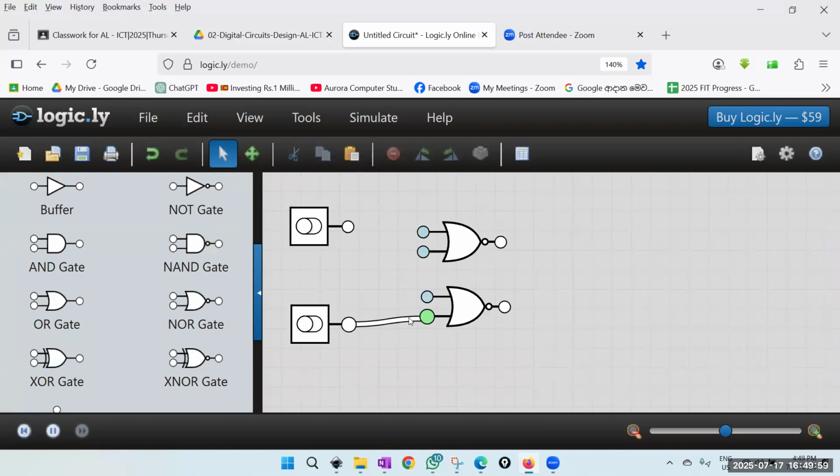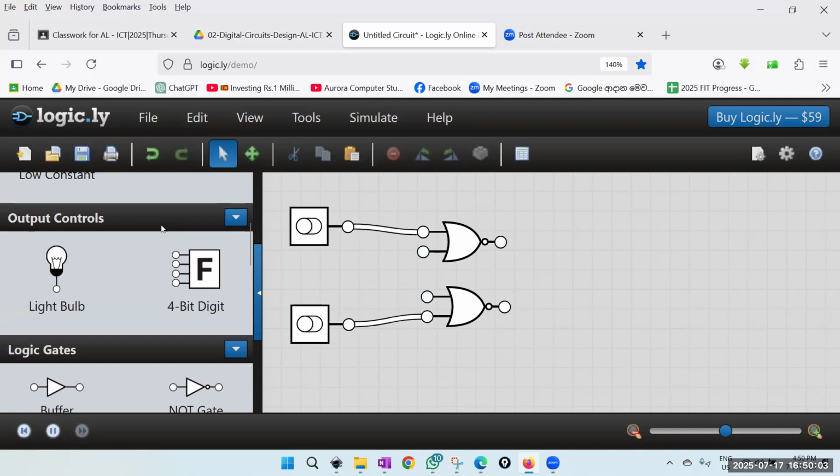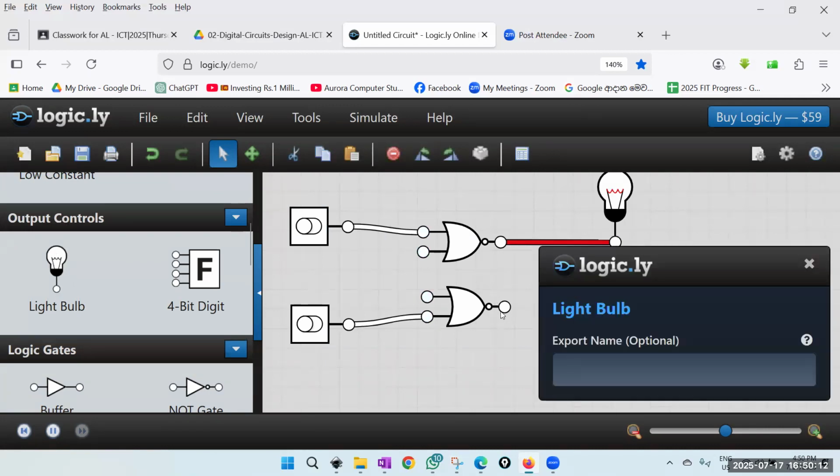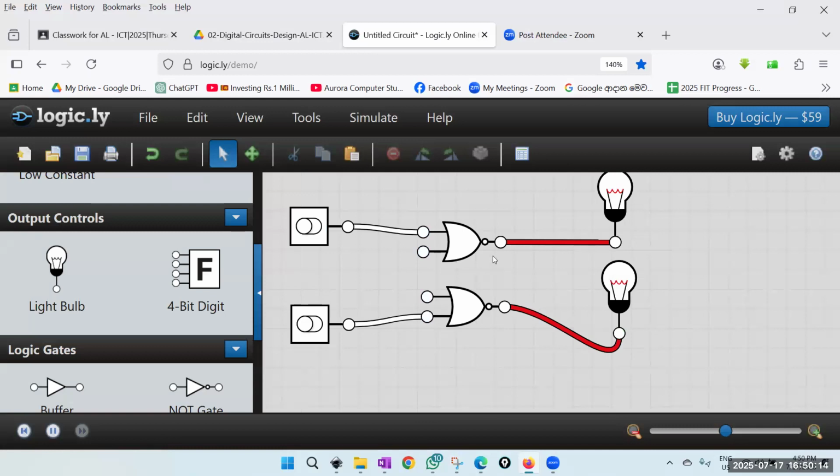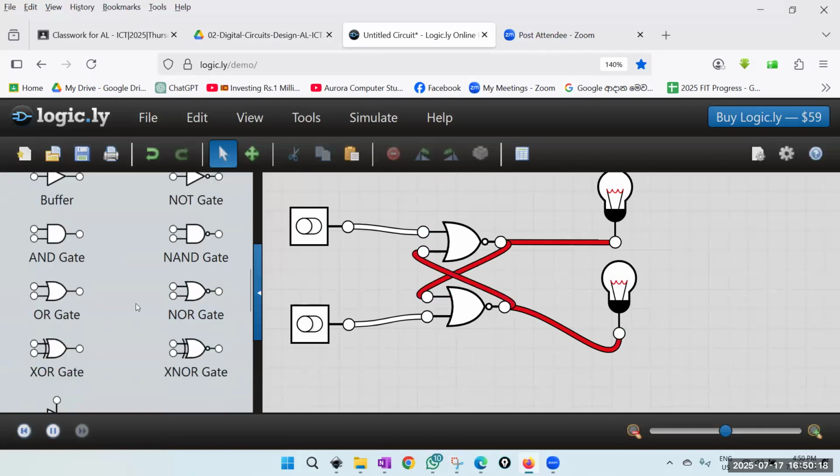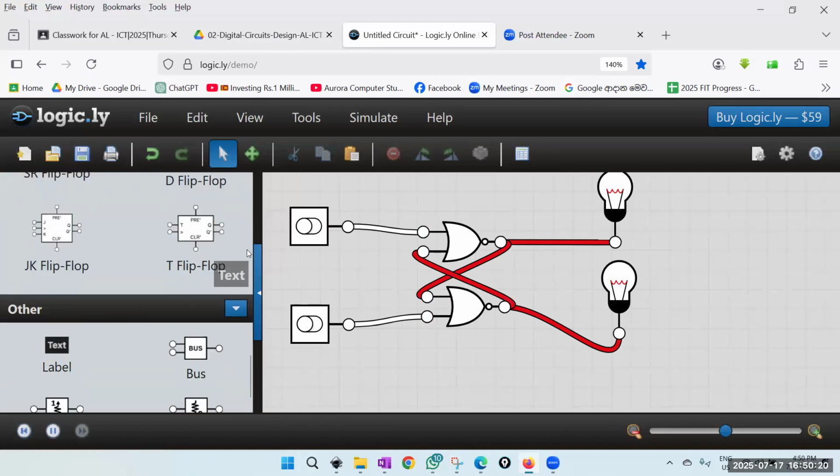This is connected to this, and this is connected to this. You can have two bulbs just to see whether it is 1 or 0. This is connected to here, and this is connected to here. Let's add some labels.